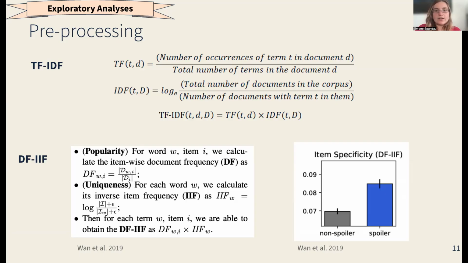On the right, you can see that the item specificity, which is the document frequency multiplied by the inverse item frequency, is much higher in spoiler sentences than in non-spoiler sentences. So we're more likely to find rarer words and words that are specific to the book in the spoiler sentences. Both of these metrics are useful for our model. The DF-IIF is from the original paper that this data set was provided with, and the TF-IDF was, again, a metric that we had explored in class.